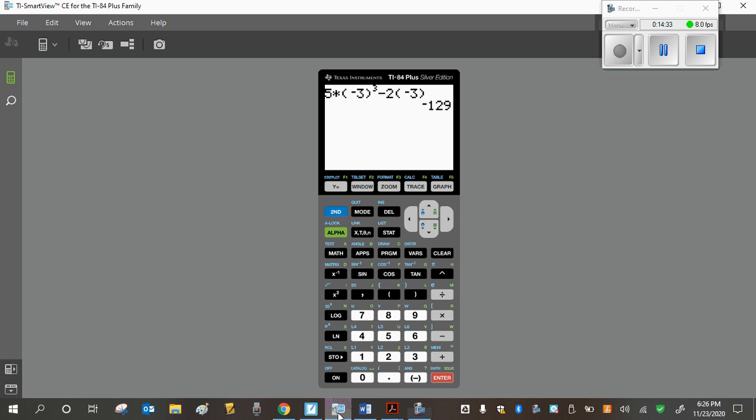All right, we'll use this one. 5 times 7 cubed. Arrow to the right to get rid of the exponent. Subtract 2 times 7. 1701.